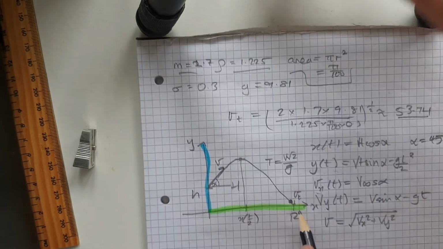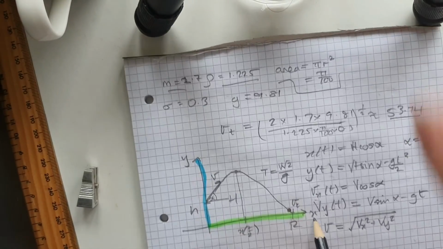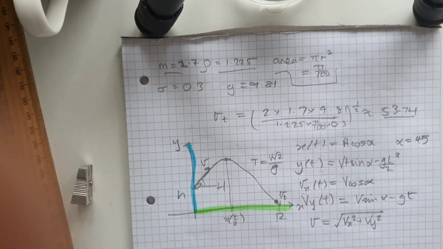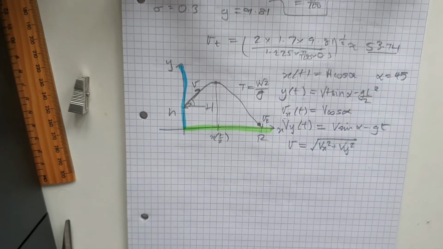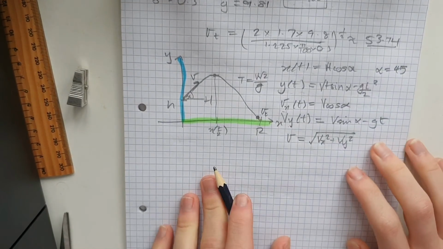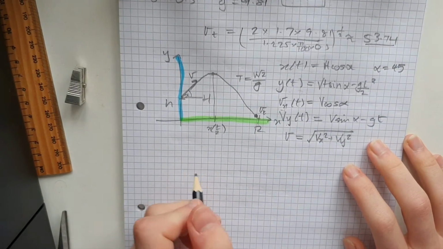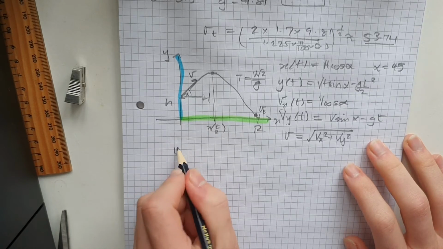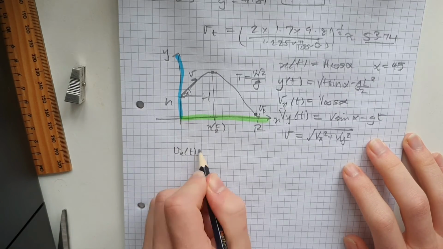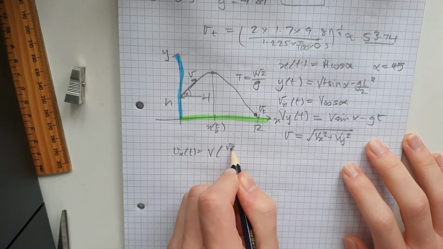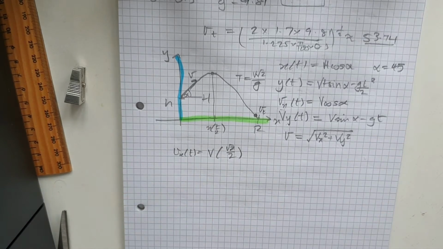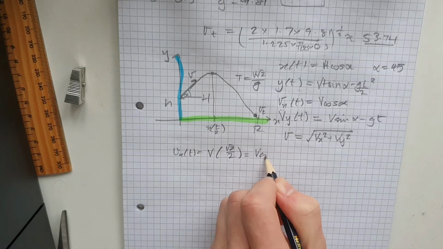So if we, I'm trying to work out how to do this now. There, move the camera. We can then do a bit more calculation. So Vx of t is equal to V times root 2 on 2, which is cos of 45. I should probably write that out.